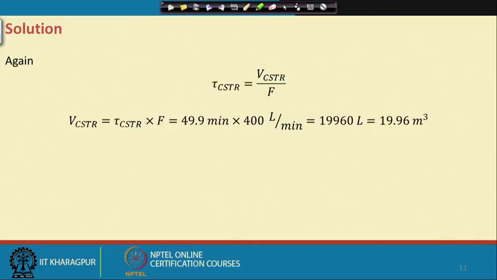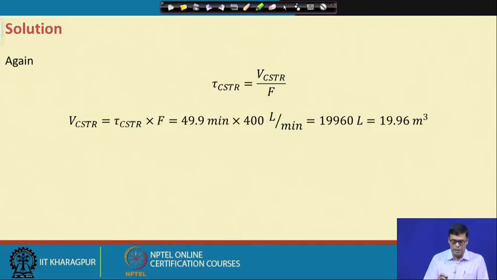Now, once you know tau CSTR, what is our equation? The equation is tau CSTR equal to V CSTR by F. We already know F is 400 liters per minute, and we have the time.